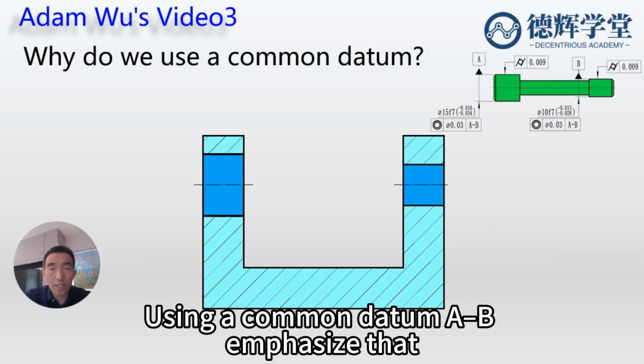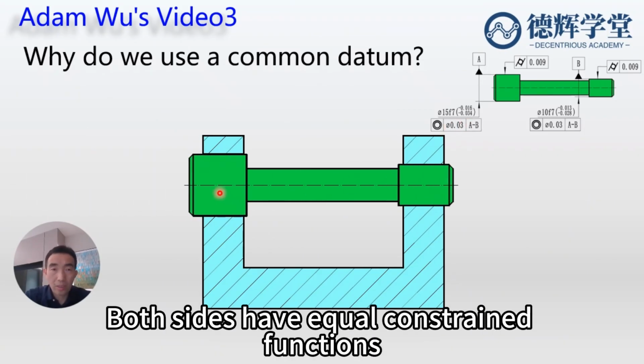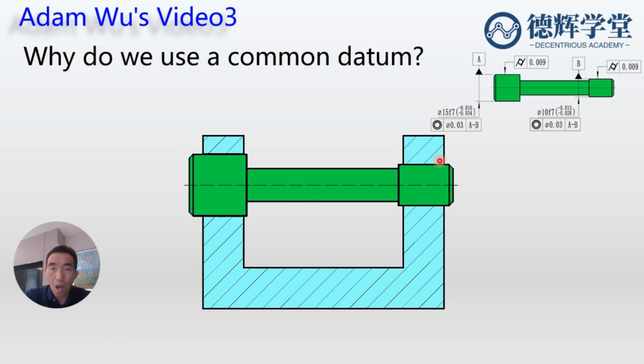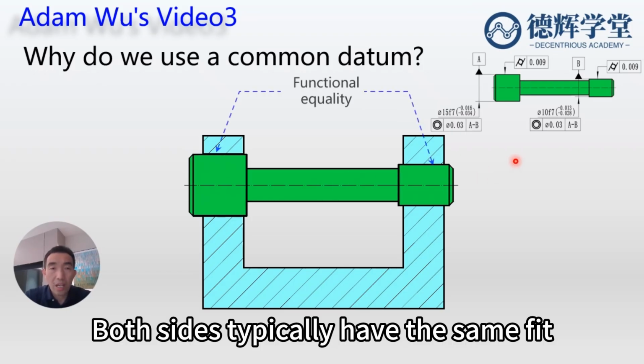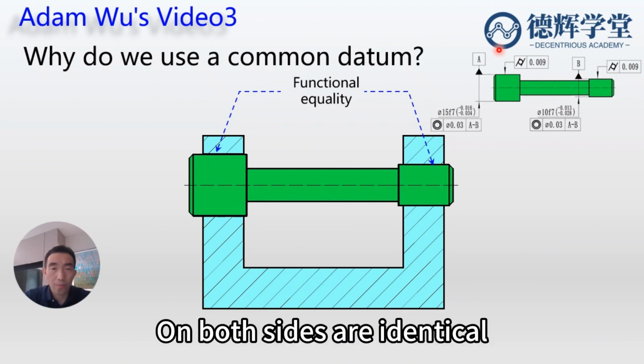Using a common datum A-B emphasizes that both sides have equal constraint functions, and in a hinge mechanism like this, both sides typically have the same fit, which means the functional requirements on both sides are identical.